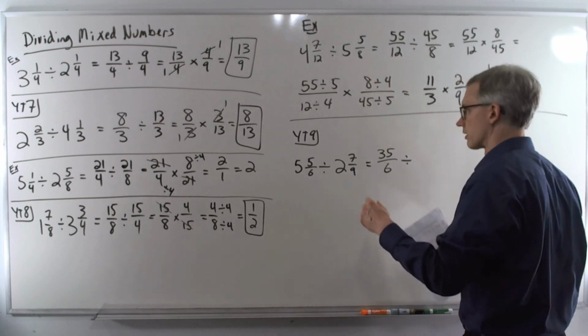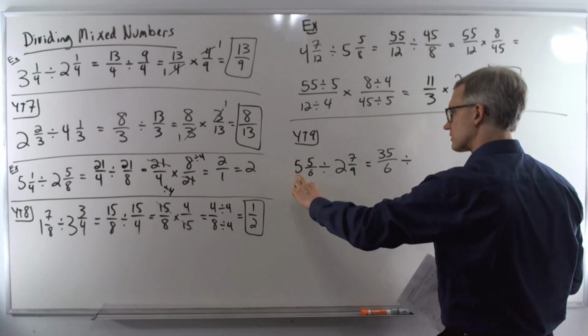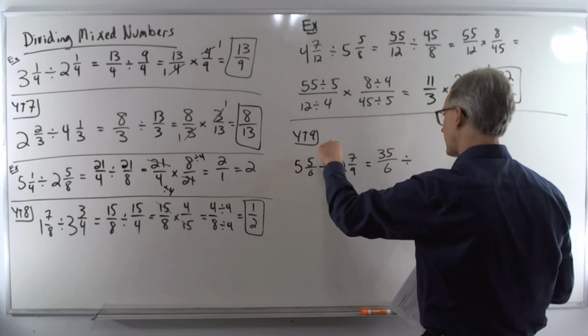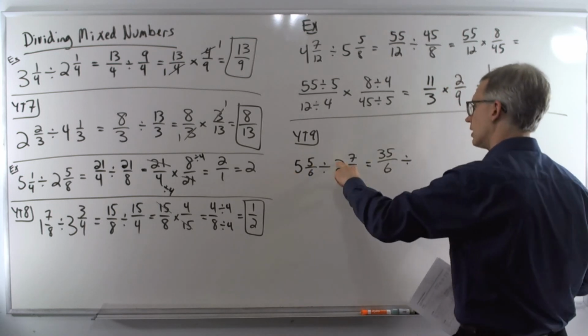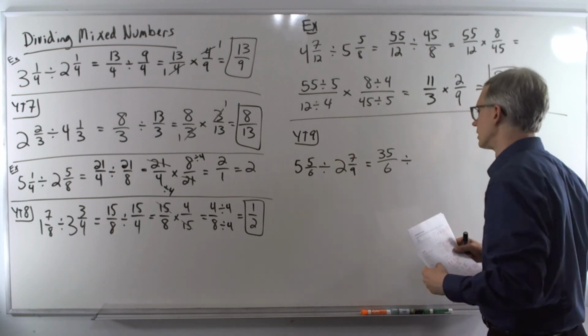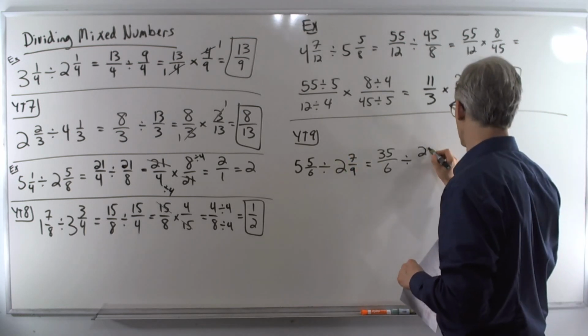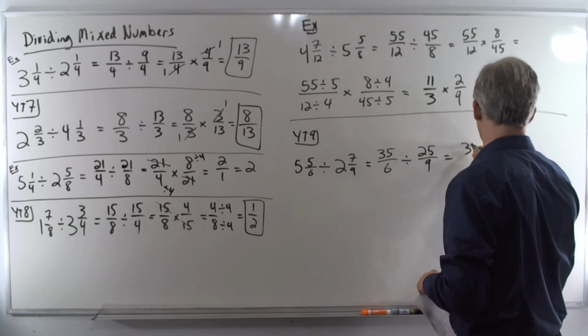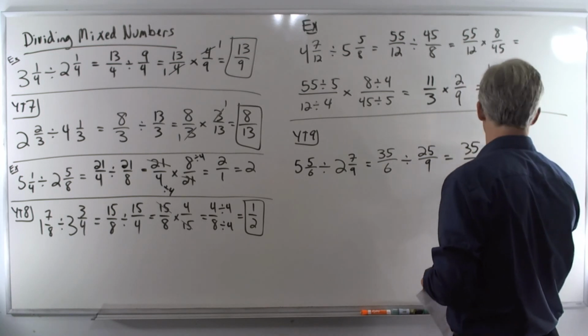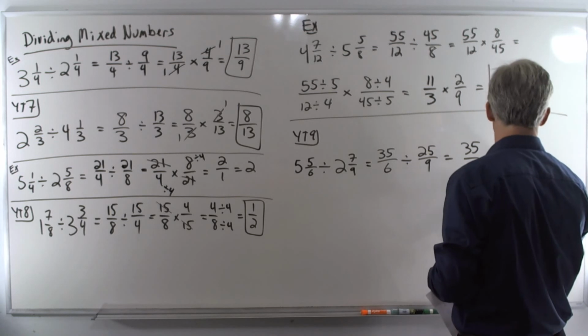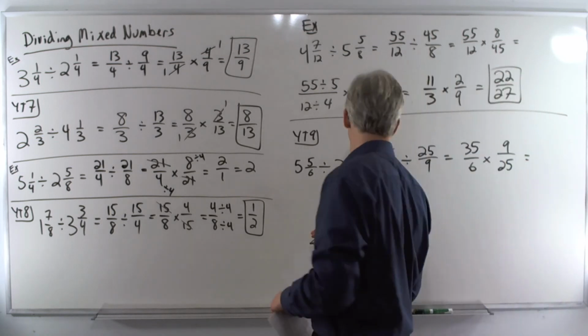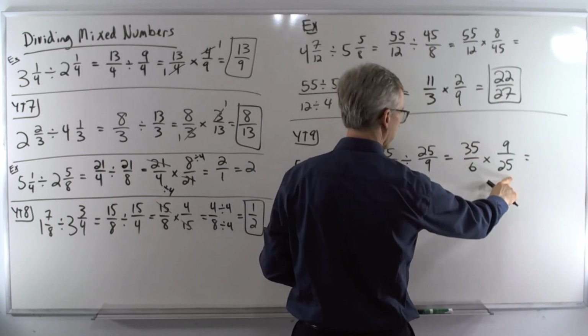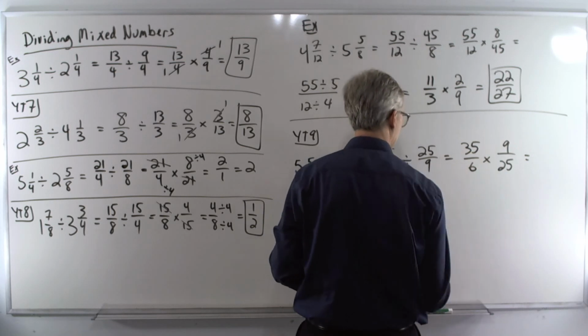Alright, so we're going to convert these to improper fractions. We got 5 times 6 is 30, plus 5 is 35. 35 sixths. 2 times 9 is 18, plus 7, 25 ninths. Now we got a common factor of 5 here, and between 6 and 9 we have a common factor of 3.